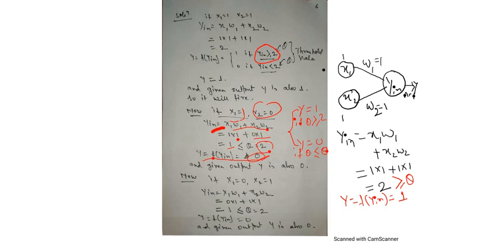Clear? Now the third case: x1 is equal to 0 and x2 is equal to 1. So x1 w1 plus x2 w2: 0 into 1 and 1 into 1. It is again 1, which is less than the threshold value, so y will also be 0. Okay.